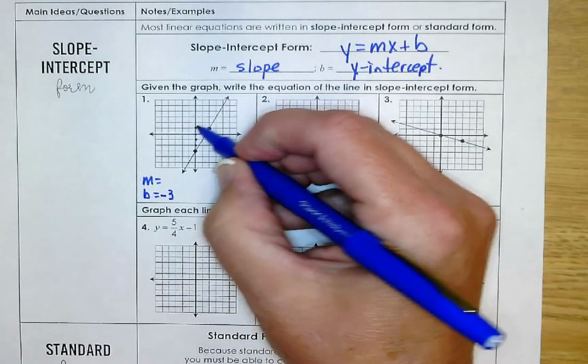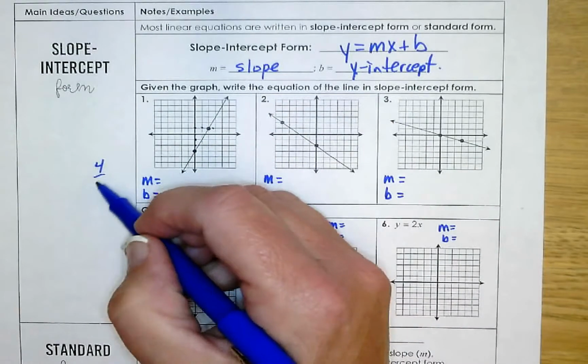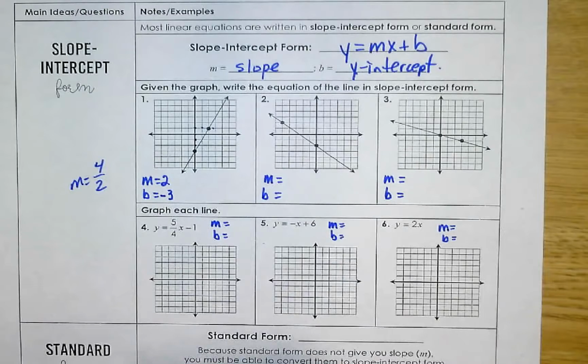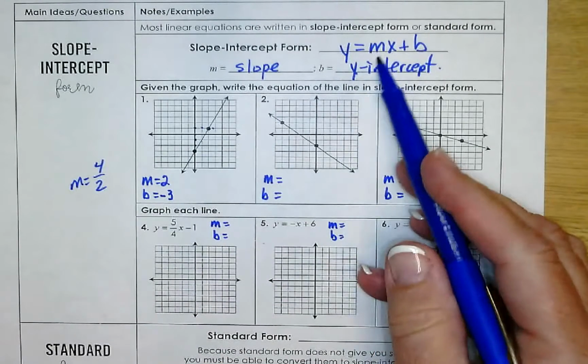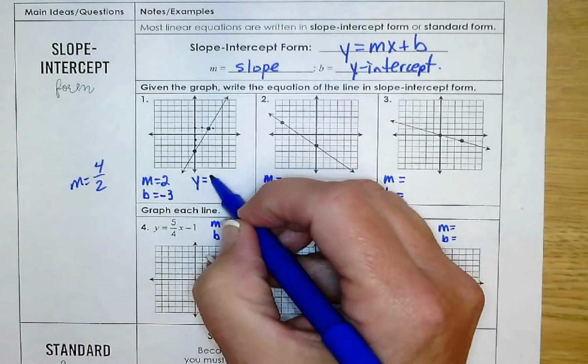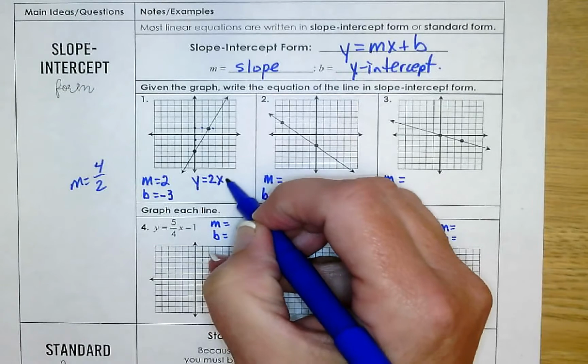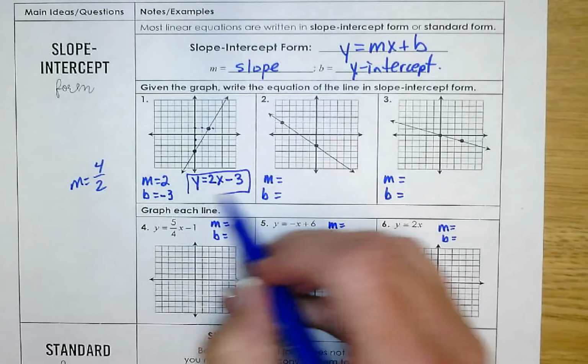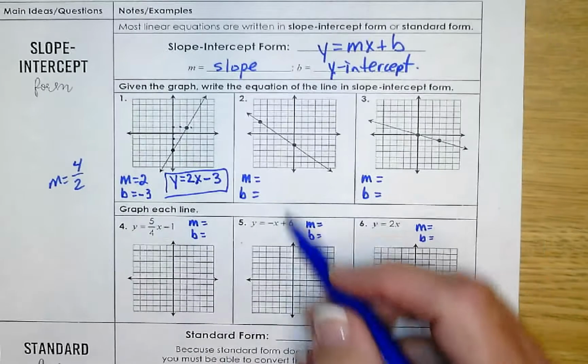So 1, 2, 3, 4, 1, 2. So that is 4 over 2, which is 2. Now, when I plug that into the slope-intercept form, the x and the y stay there, and I substitute in for m and for b. So this would be the equation of that line.